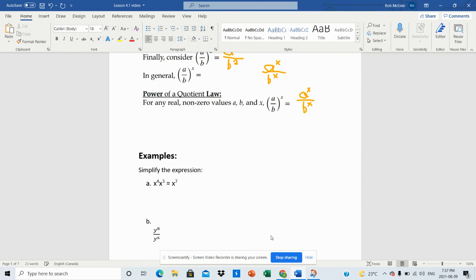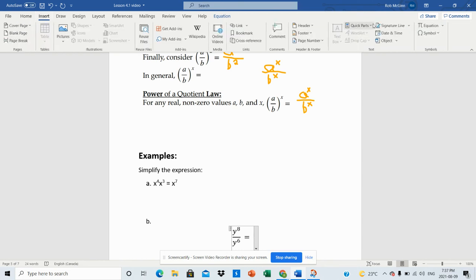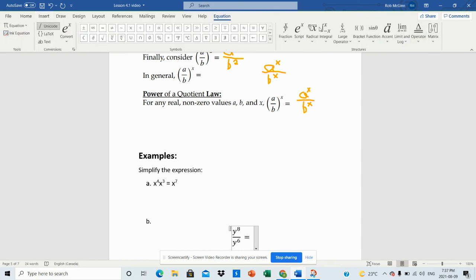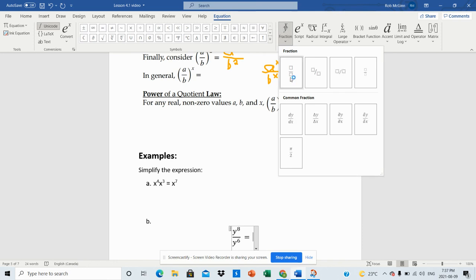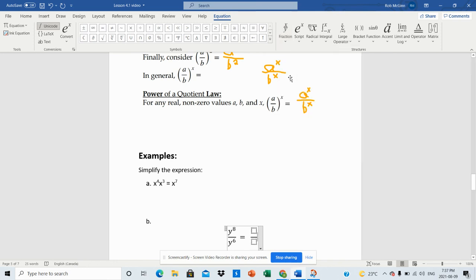This one's the quotient rule. And the quotient rule tells us we need to subtract our exponents if we're dividing two exponents with the same base. Here, same base. y to the eighth divided by y to the sixth.